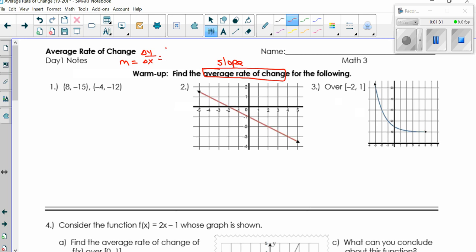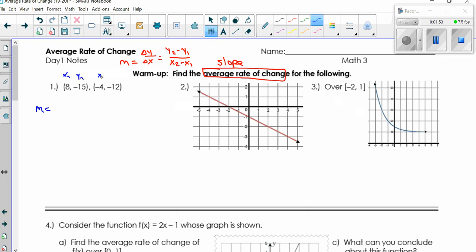Change in y means that you're subtracting your y's, so y2 minus y1 over x2 minus x1. Okay, remember always y over x because it's rise over run. So if you're given two coordinates, we can just substitute it in and we can say m equals. We can call this my x1 and y1.